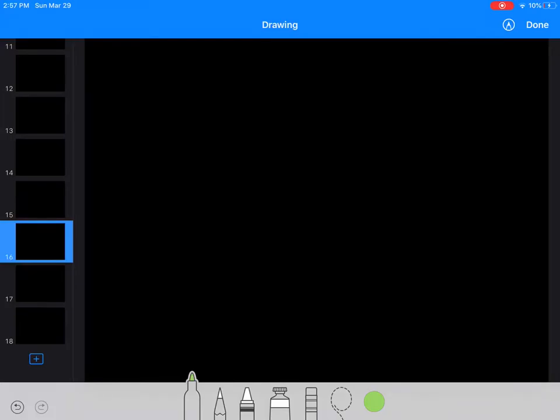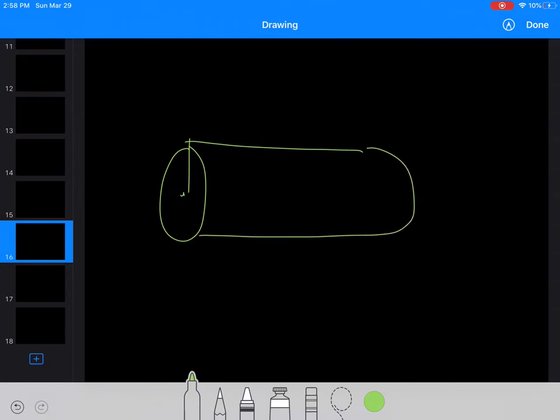So what we're going to look at here is an application problem of a composite figure. We're going to work with a cylinder and a hemisphere on the other side.